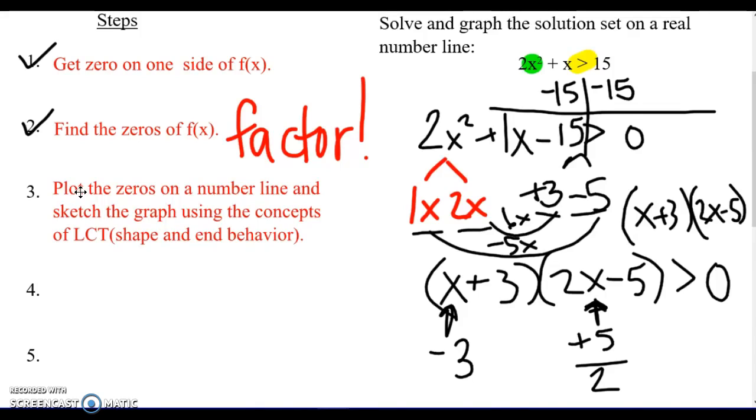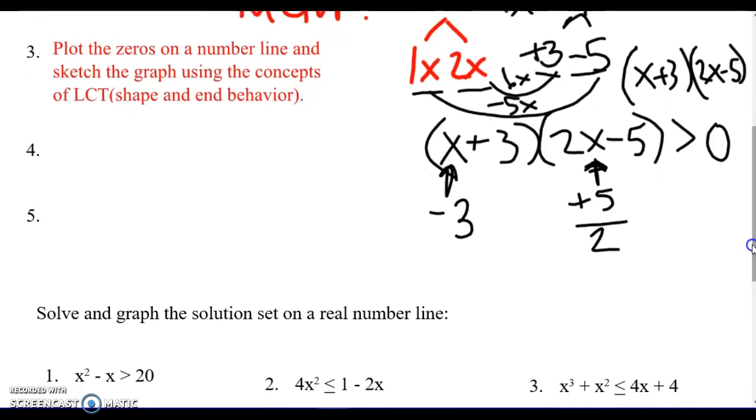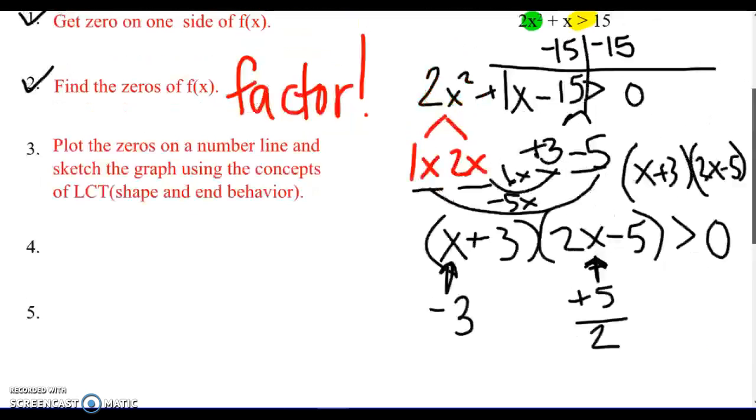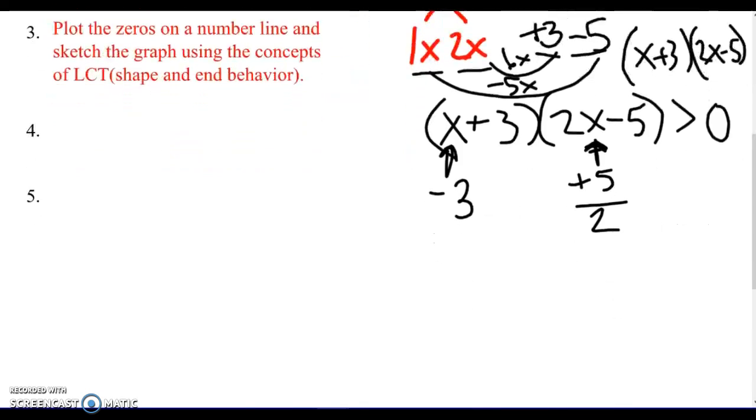Plot the zeros on a number line and sketch the graph using the concepts of leading coefficient, shape, and end behavior. This is my favorite part. So I'm going to plot the zeros and sketch the graph. If I put a number line out, here's my 0.